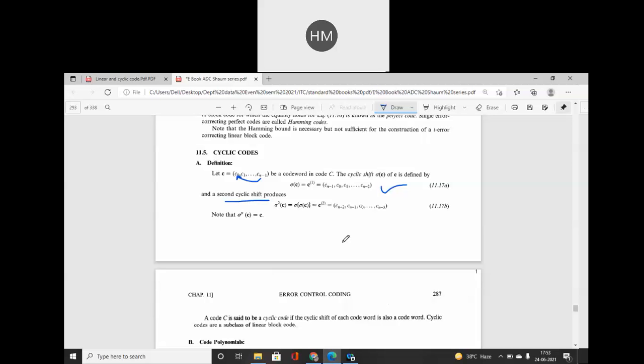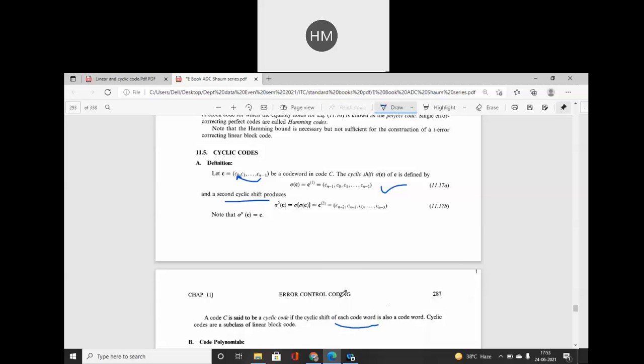Then we can say that it is a cyclic code. So you can write down: a code C is said to be a cyclic code if the cyclic shift of each code word is also a code word. Cyclic codes are a subclass of linear block codes.